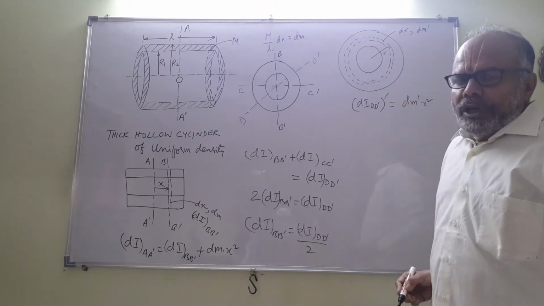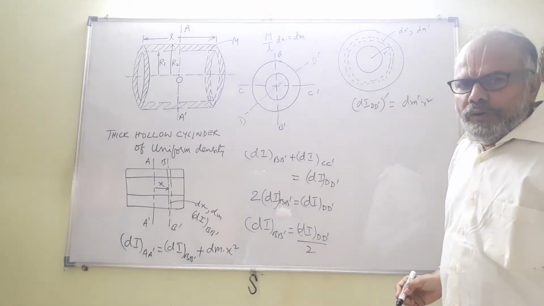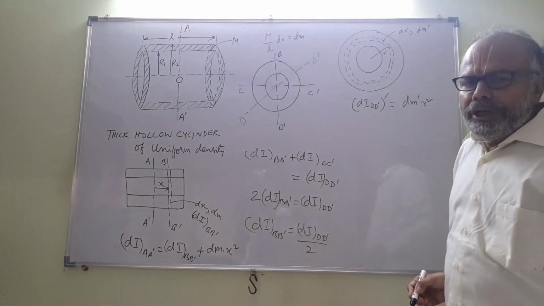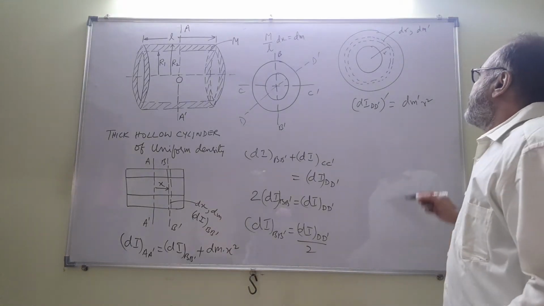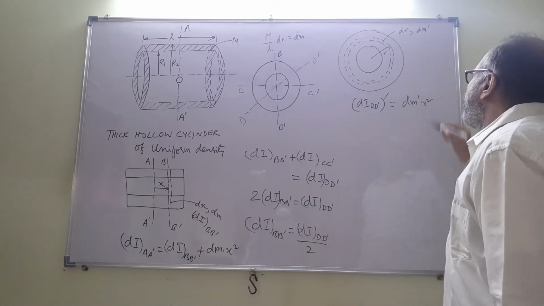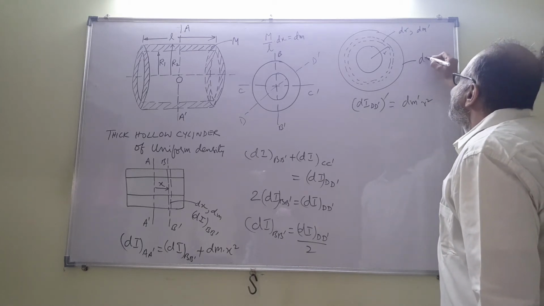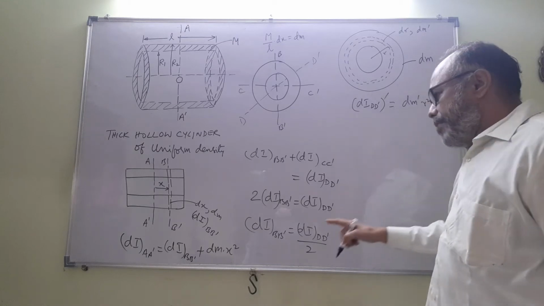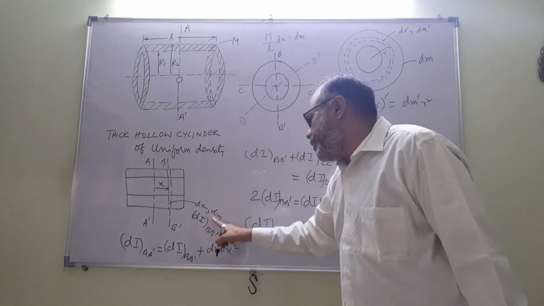So the moment of inertia of a particle we know is dm r squared, where r is the perpendicular distance from the axis. So this would be dm dash r squared. Now we know the total mass of this annular disc is dm.